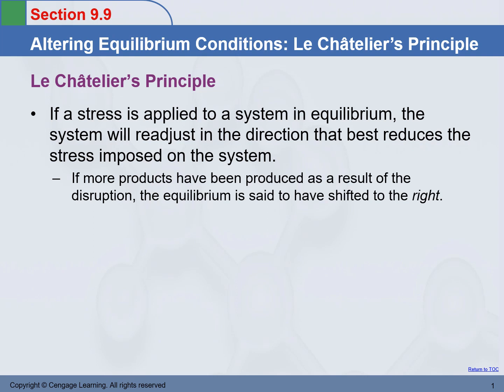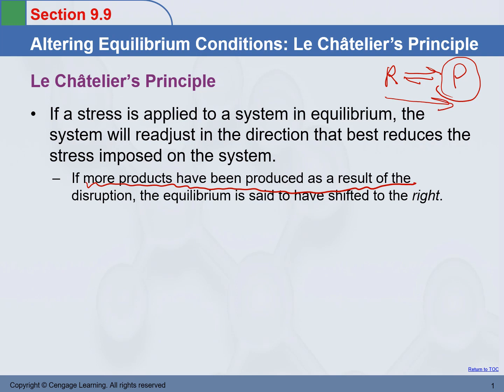Now, under the new equilibrium, if there's more products produced than before, we say the equilibrium shifted to the right. Reactants in equilibrium with products. If something changed and as a result more products are formed, we say the equilibrium shifted to the right.